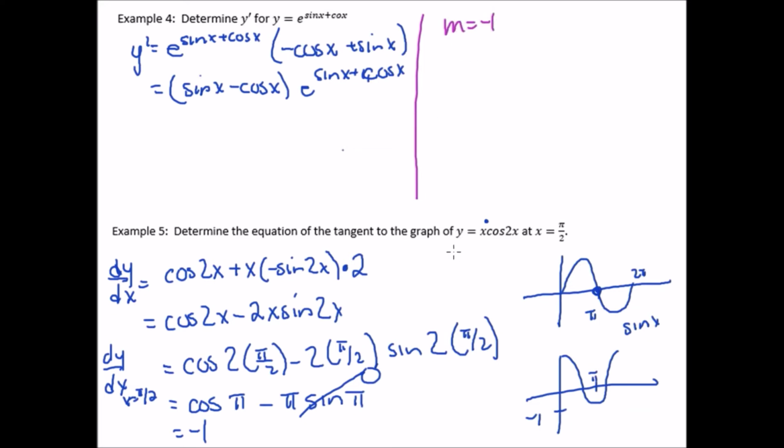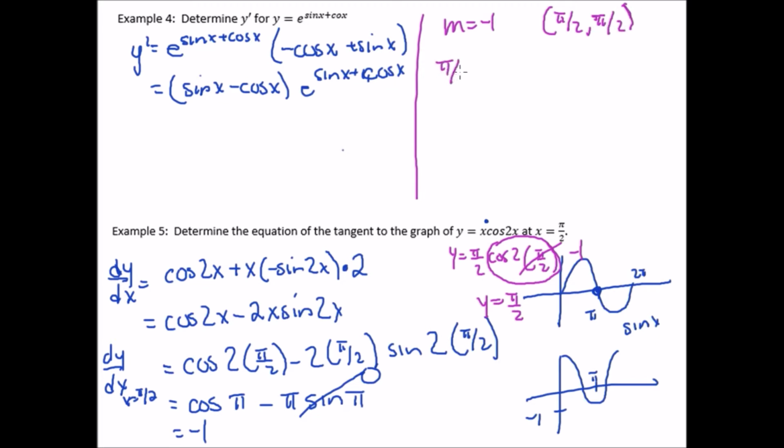Now, what is just simply y equals pi by 2 cos 2 pi by 2? Well, we know that cos of 180 or cos of pi is -1. So we just get pi by 2. Okay, so we're going to try to find the equation of the tangent at pi by 2 comma pi by 2.